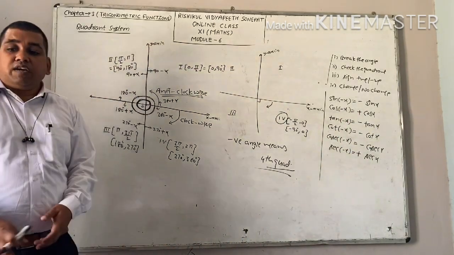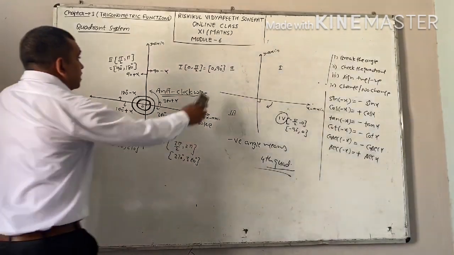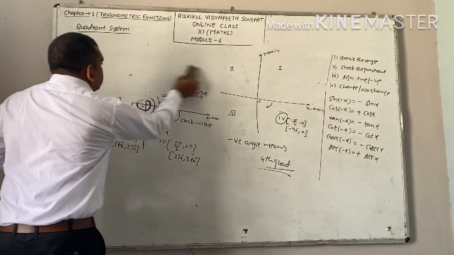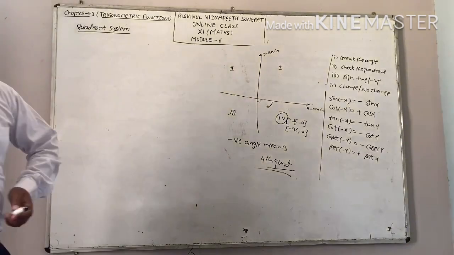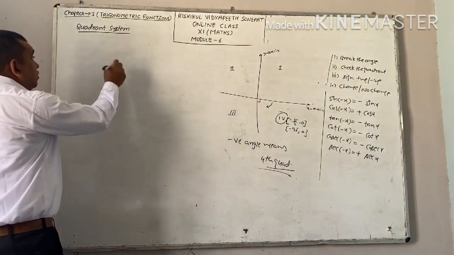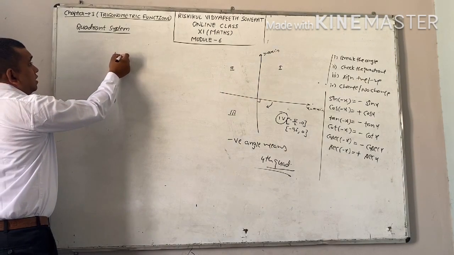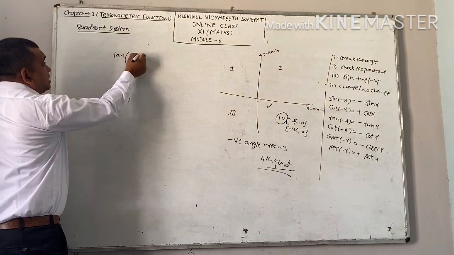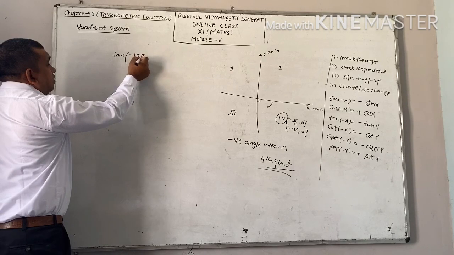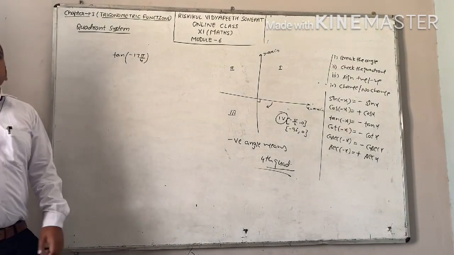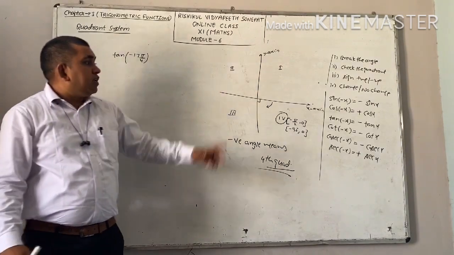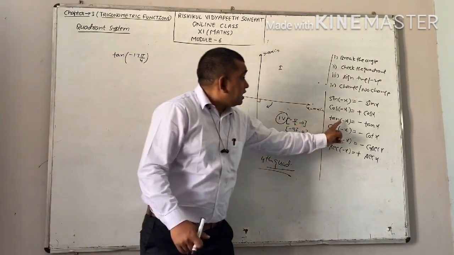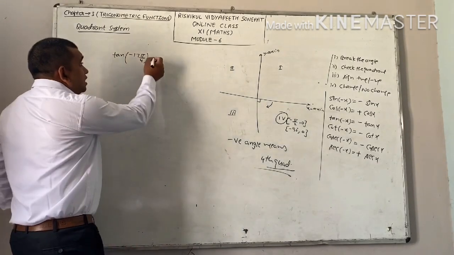Now see how you will find out the value. Suppose I want to find out the value of tangent minus 17 pi by 4. First of all, you will apply the concept of negative. I told you tangent minus x is minus tangent x.